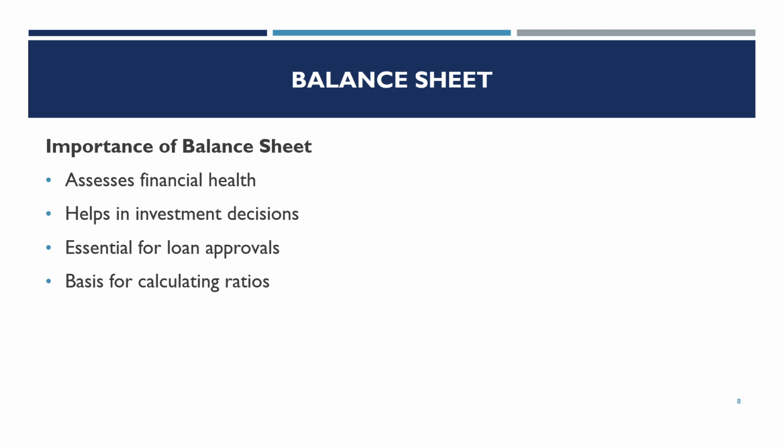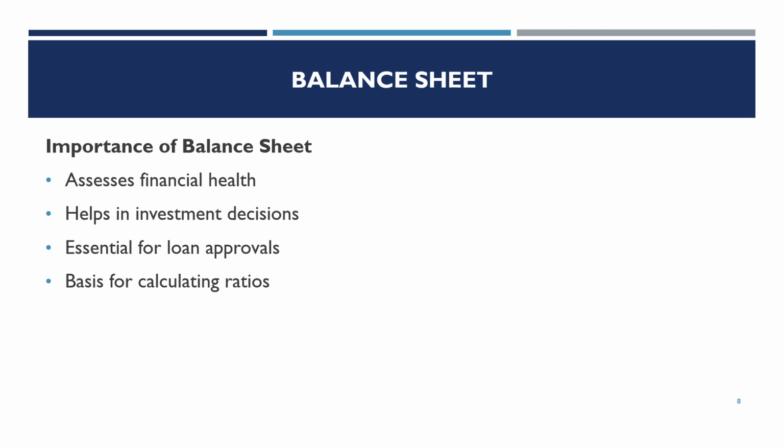First, it assesses the financial health, that means the financial position of the company. Second, it helps in investment decisions. Based on the balance, where to invest and how much to invest, these ideas come from the balance sheet.